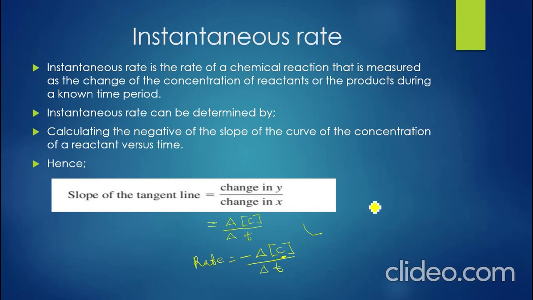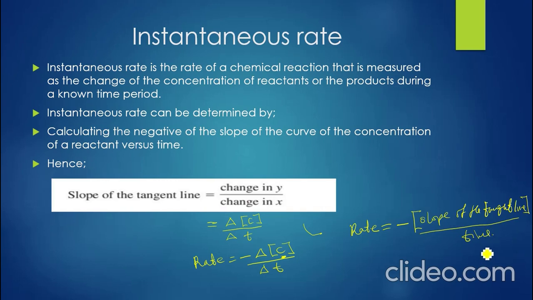So a slope, you know how it is, decreases like that. So it's same as the slope. So here you're going to say rate is equal to minus, here where there is concentration, you're going to write slope of the tangent line over time, like that.